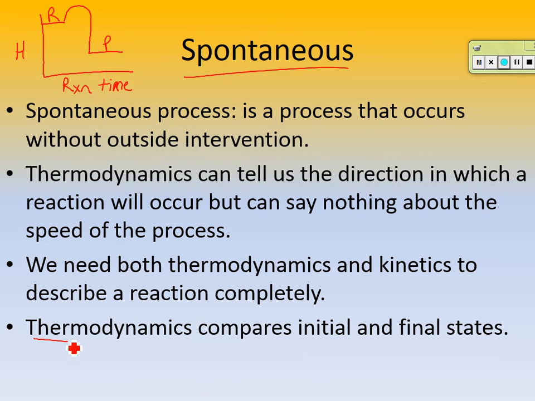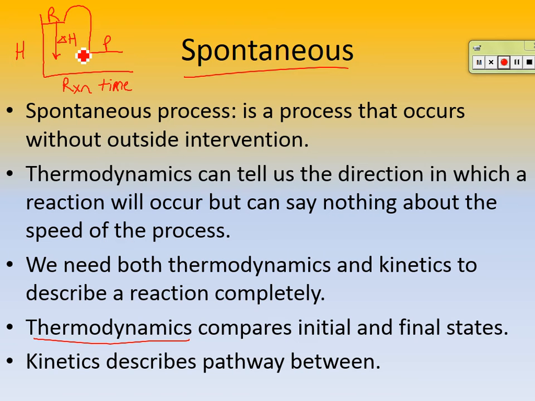All we're concerned about in thermodynamics is initial compared to final. So we talk about this delta symbol a lot. But next chapter, we're going to describe the pathway between the initial and the final. This is really what determines how fast the reaction occurs, the activation energy.